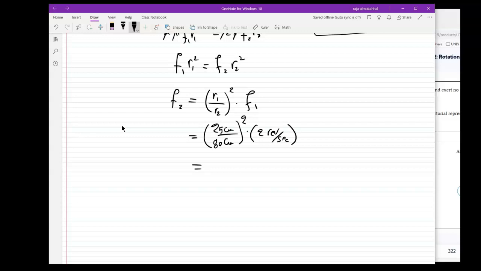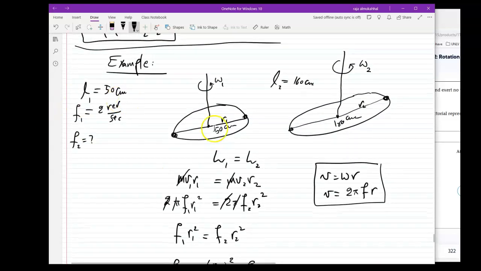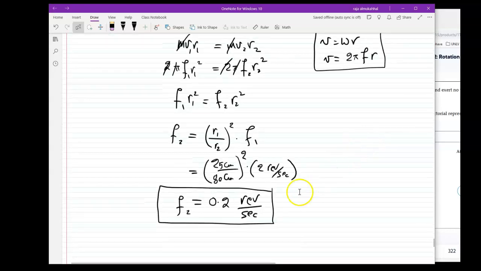That's about 0.2 hertz, or let me just say revolutions per second. Now our rod is going to slow down because it has gotten bigger, correct? The radius has gotten bigger. It was spinning at 2 revolutions per second, but the radius got bigger, so it has to compensate for that, so it's going to slow down. Which is true. So we got 0.2. So from 2 to 0.2. Got it? Okay.